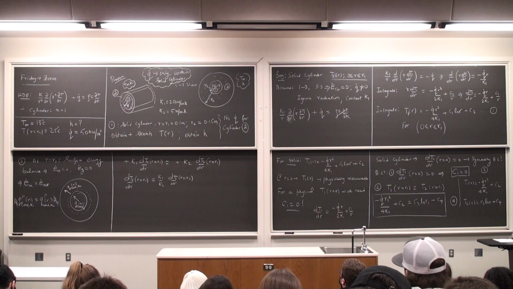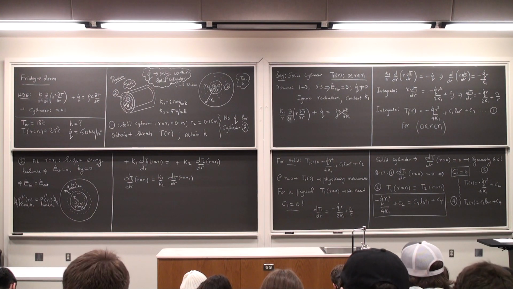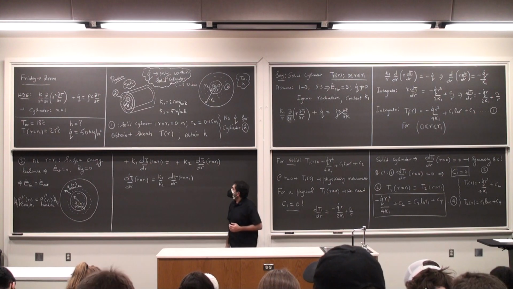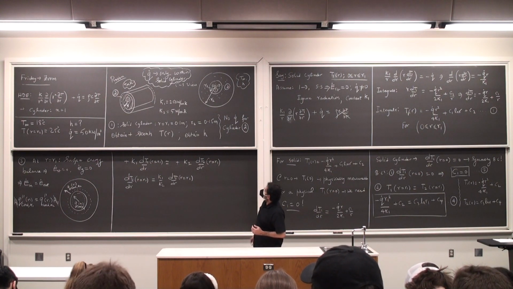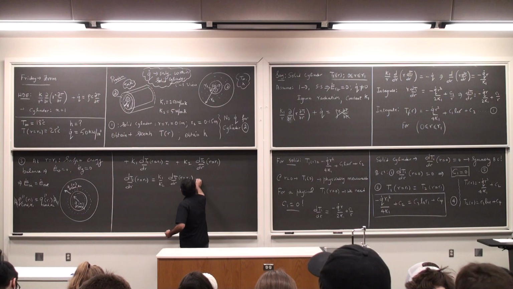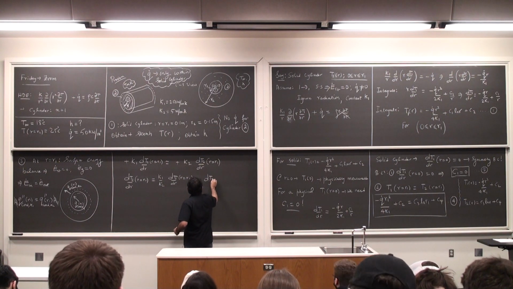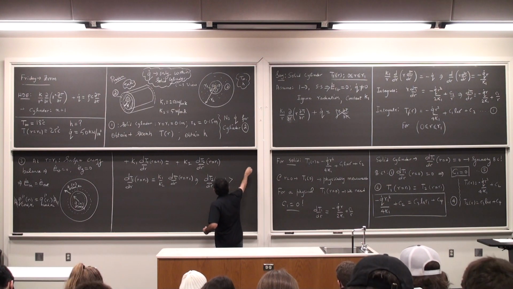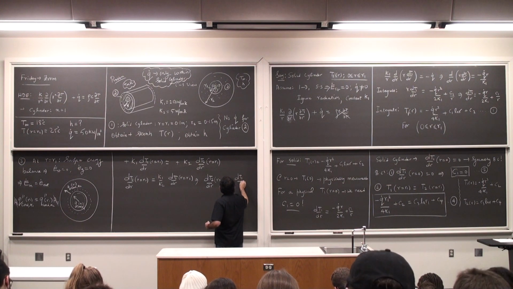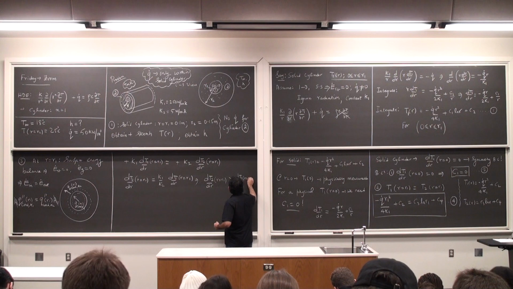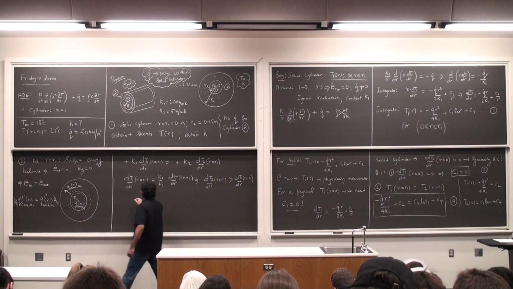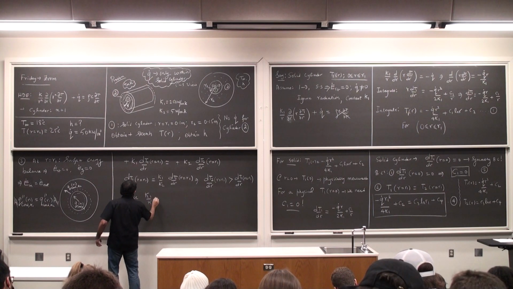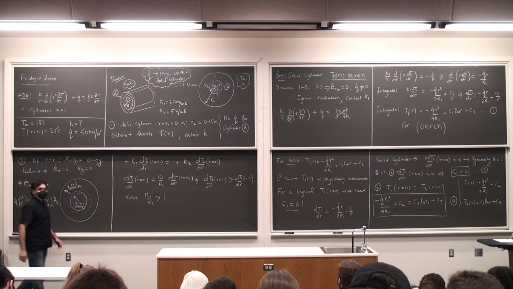K1 is higher than K2. K1 is 250, K2 is something like 5. So the slope at R equals R1 is greater than the other, since K1 by K2 is greater than 1.